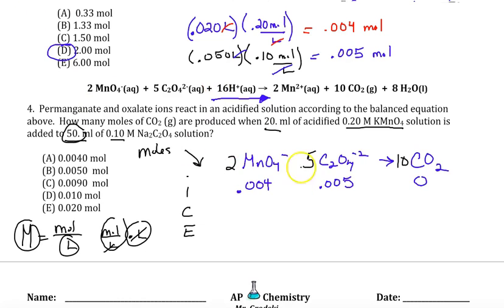So it's a 5-to-2 ratio. So what does that mean? Well, that means that in order for all of the C2O4 to disappear, I need to have at least 2/5 of the 0.005. How do I do that math?